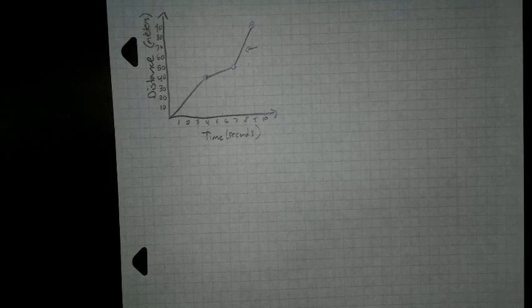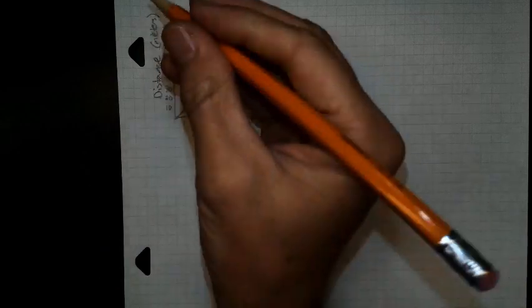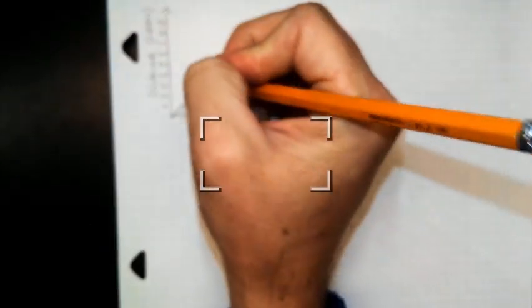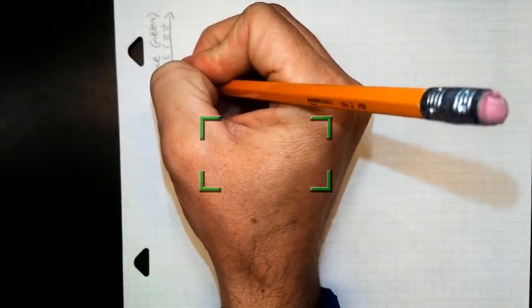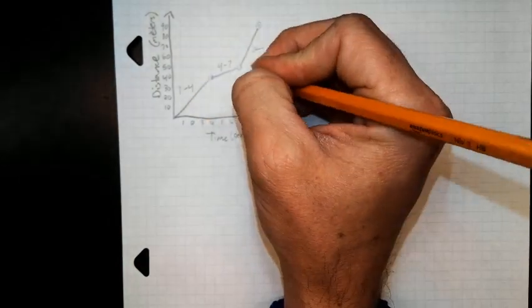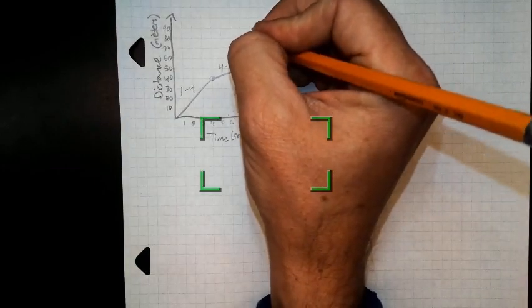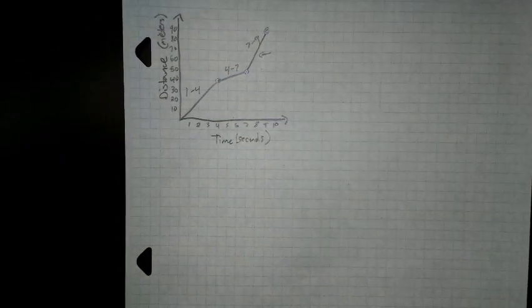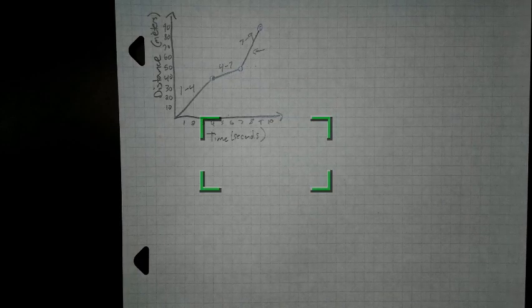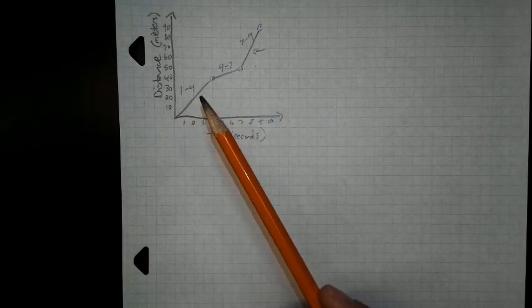Now we could calculate all this out, but if the question said, let's say this is 1 through 4 seconds, this is 4 through 7, and this is 7 through 9, you might see a question where it says, during which portion of the race or the experiment was the object going the greatest speed?